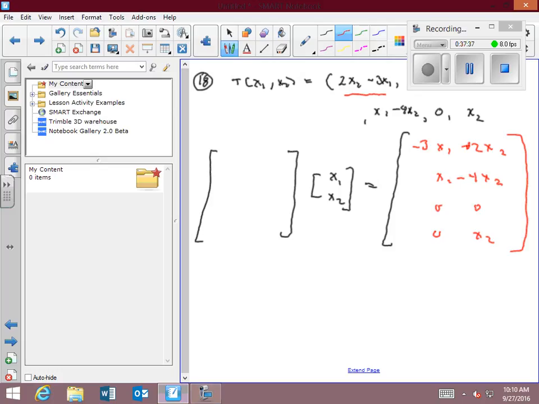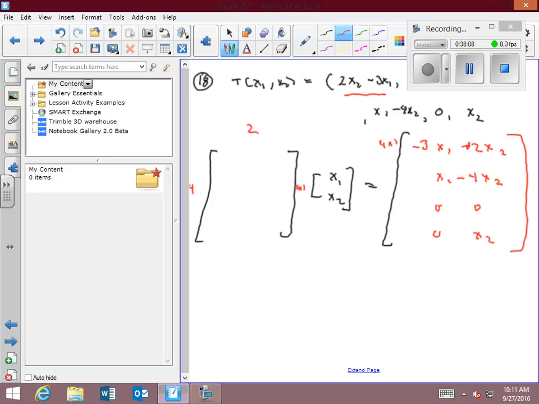So when you're doing matrix multiplication, this is a vector that is 4 rows by 1 column, and this is a 2 by 1. So in order to get a 4 by 1, with this being a 2 by 1, this has got to be a 4 by 2, right?